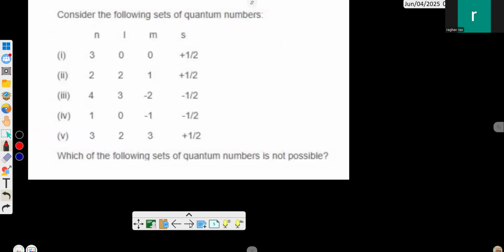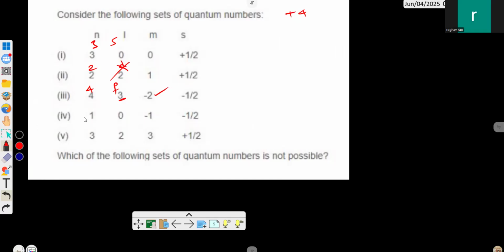Next, in this question also, I think the options given were wrong. So you can add plus 4 marks for this question also. Here this is 3s. This is 2d. 2d is not possible. This is 4f, which is possible, and minus 2 magnetic quantum number is also possible, because if 3 is the azimuthal quantum number, it will go from minus 3, minus 2, minus 1, 0, plus 1, plus 2, plus 3.